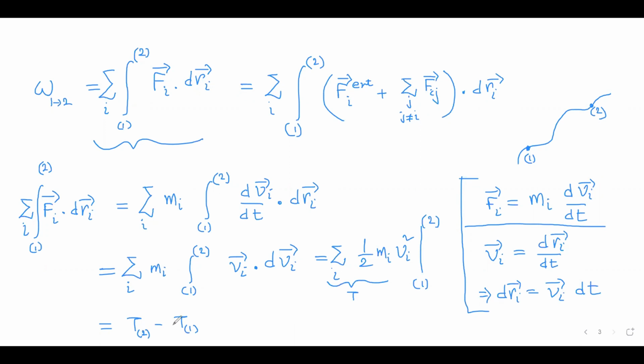T2 means the kinetic energy at position 2, and T1 means the kinetic energy at position 1. So this work done, W1 to 2, is still the change of kinetic energy between point 2 and point 1 while we move from point 1 to point 2.